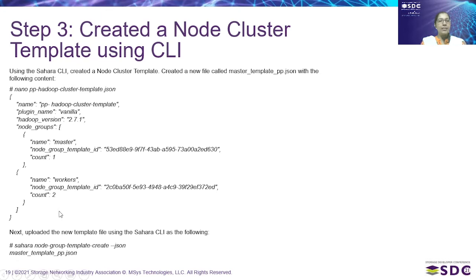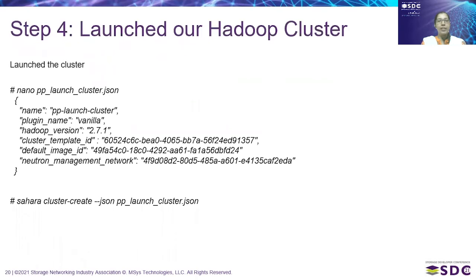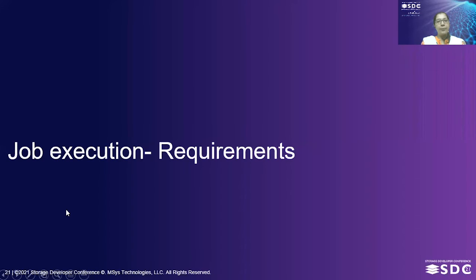Using the same kind of CLI command and providing this input JSON file, we would be able to create a cluster template. And finally, using the cluster template, we would be able to create a cluster using the Sahara cluster create command.